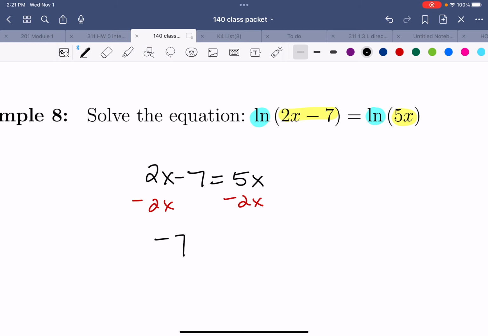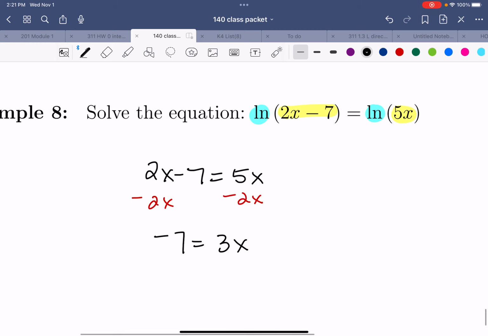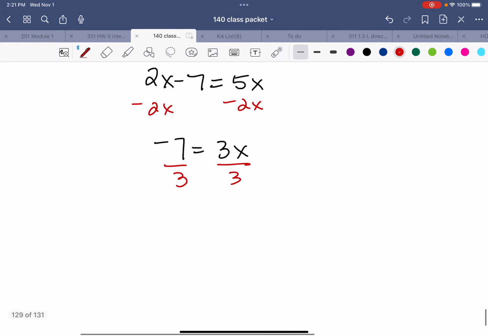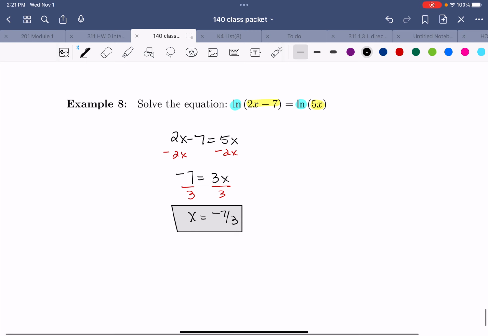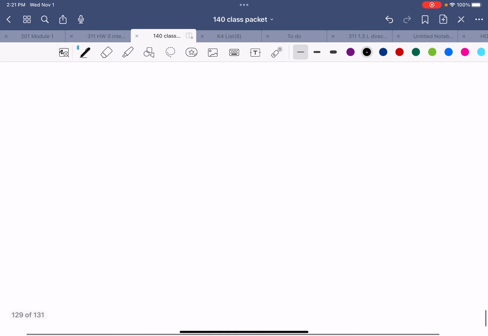That's going to give me negative 7 and 3x. And then divide by 3. And that's going to give me x equals negative 7/3. And that's it.